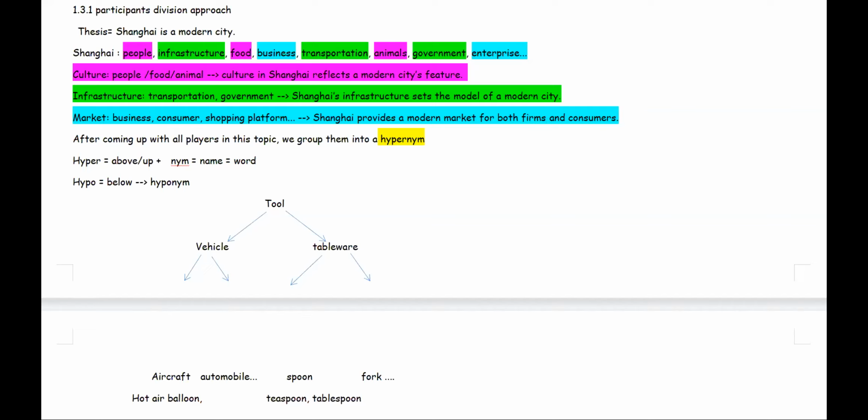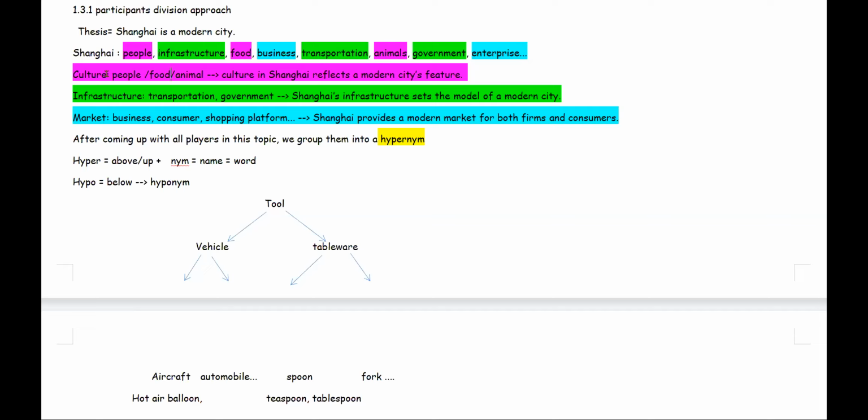So culture is a big family. Underneath that, we have people's belief system, the food culture, and how people entertain, or leisure, right? So you're taking your pets on a trip, a road trip, or taking your pets on a vacation. That's also culture, right?